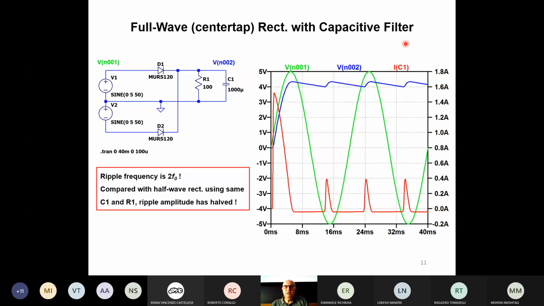What we saw was that, if we consider the green line here as the input voltage, we neglect the winding resistance and the diode resistance, but we have only the voltage drop due to the knee voltage, the V gamma of the diode.